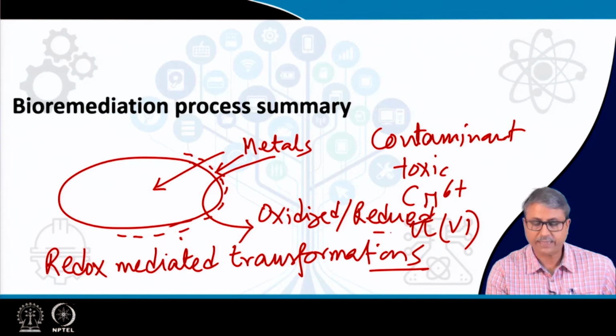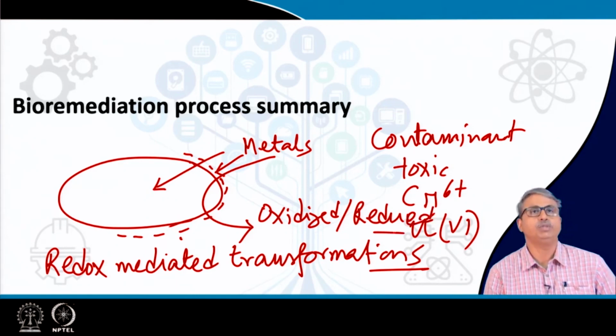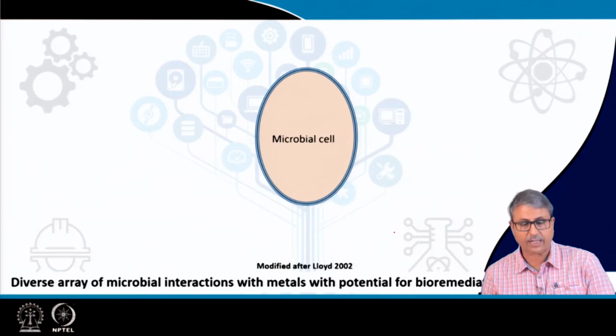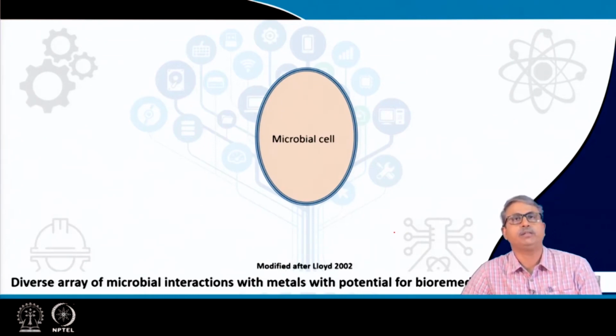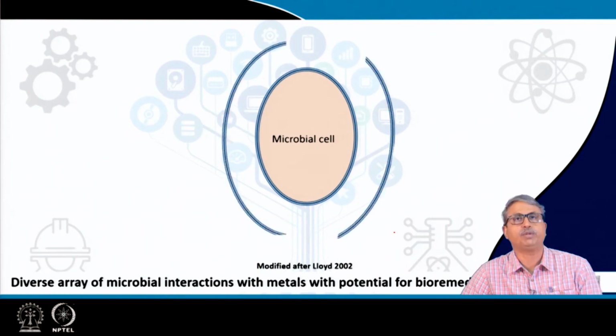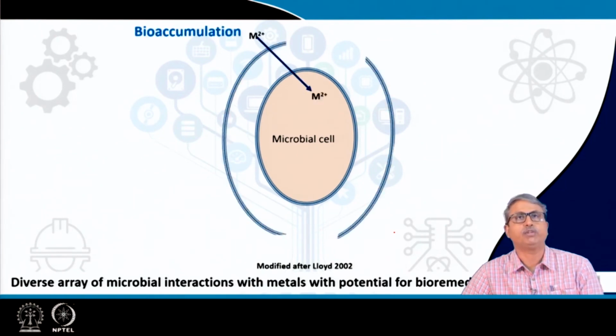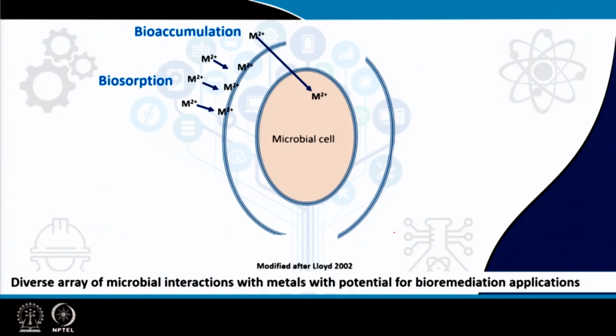During the case studies, we will see how these processes are actually being implemented. So, we just have a quick recap again of these microbial processes, where the microbes are able to either accumulate or sorb different divalent cations, including some of the anionic complexes like chromate or arsenate etcetera.